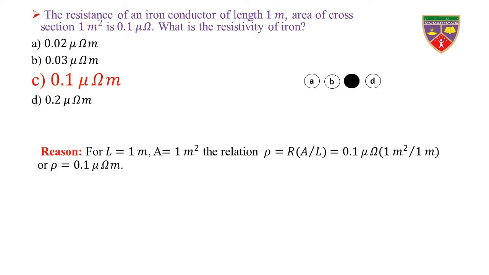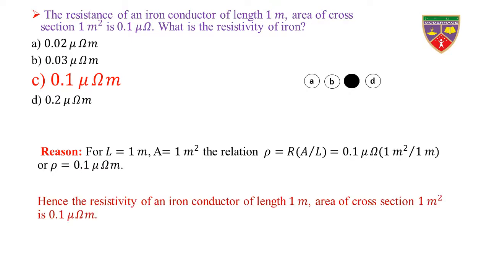Rho, the resistivity, is equal to 0.1 micro ohm meter. Hence, the resistivity of an iron conductor of length 1 meter, area of cross section 1 square meter is 0.1 micro ohm meter.